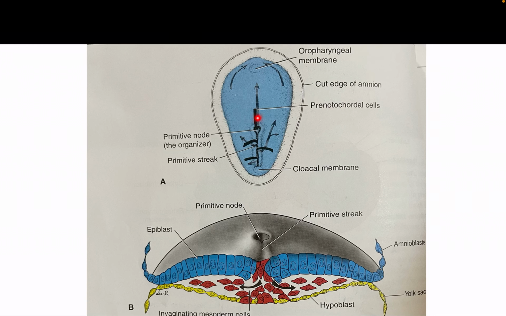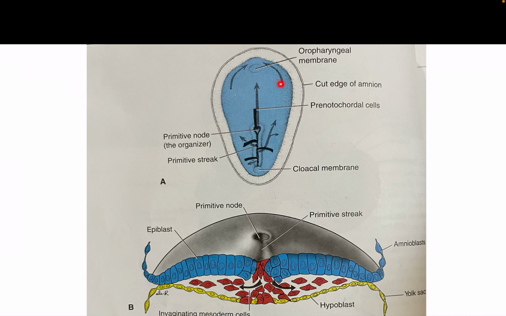Some cells migrate laterally from the node in this manner and pass in front of the buccopharyngeal or oropharyngeal membrane, on the side of the notochord and prechordal plate.